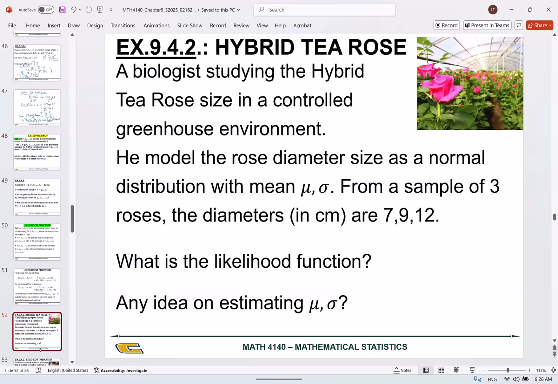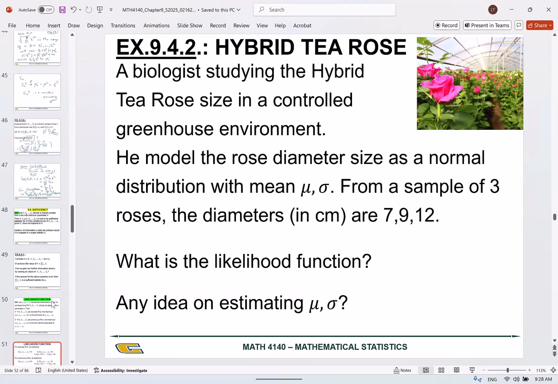The follow-up question would be: any idea how to estimate mu and sigma? But first, before we talk about that, let's see how, if we model in such a way, we can write out the likelihood function.